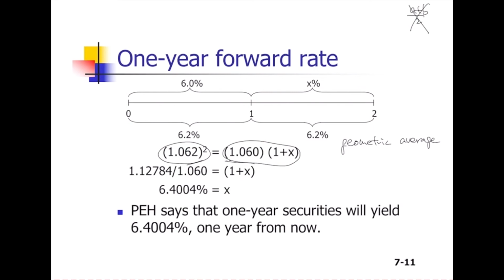So when you calculate this, you can solve for x, and finally you get the number 6.4. So according to the pure expectations hypothesis, 1-year securities will yield 6.4% 1 year from now. And calculating x, we call it backing out.